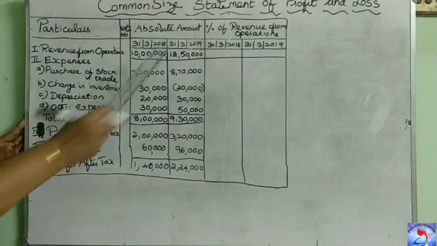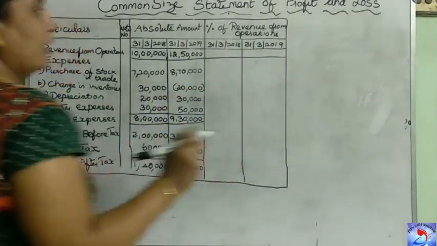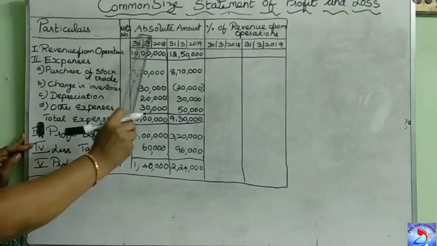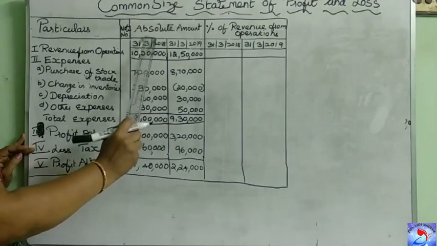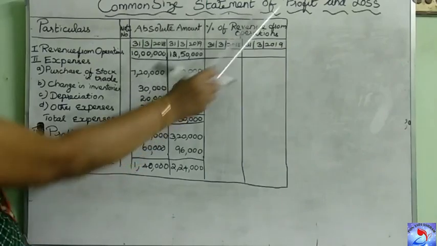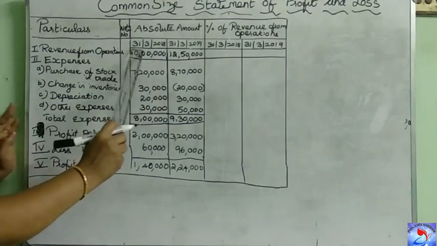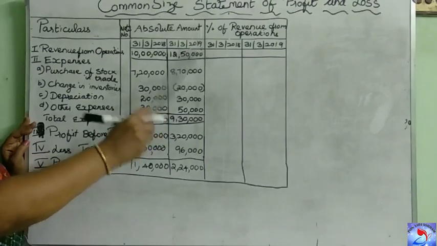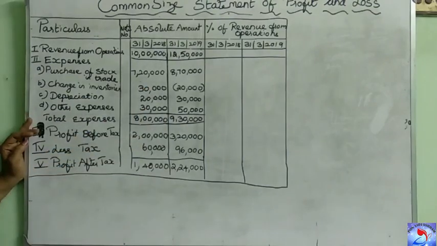The common size statement of profit and loss format has particulars, note number, and absolute amount. The absolute amounts of the profit and loss account for 31/3/2018 and 31/3/2019 are given here.